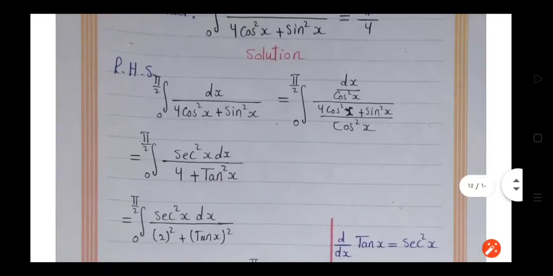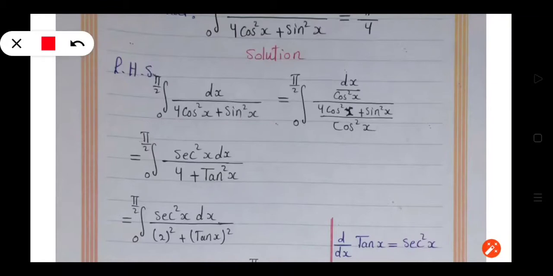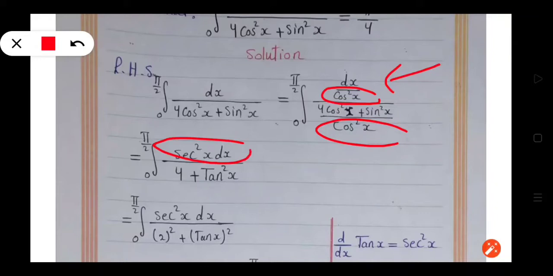As you see, first divided by cosine squared and also divided by cosine squared. 1 over cosine squared is equal to sec squared. We can cancel cosine squared, but sine squared over cosine squared equals tan squared. This is an important step for solving this example.